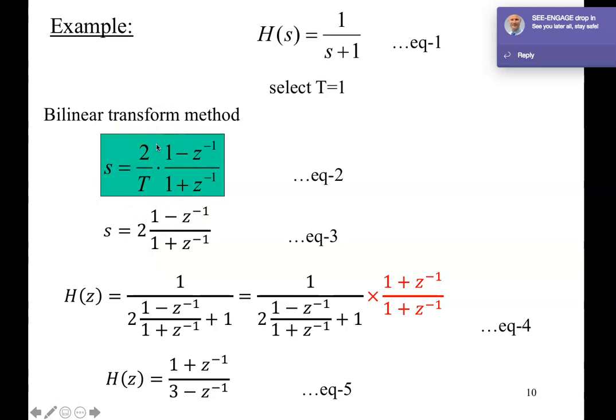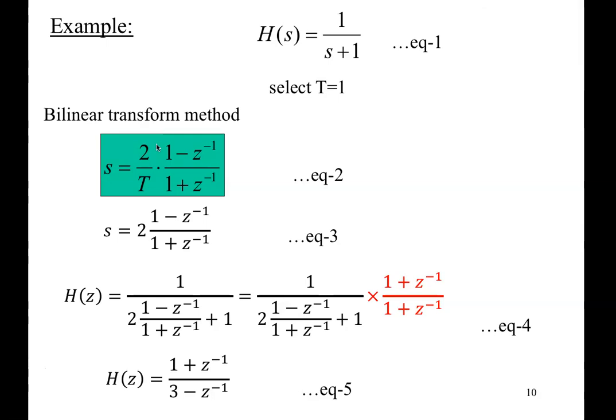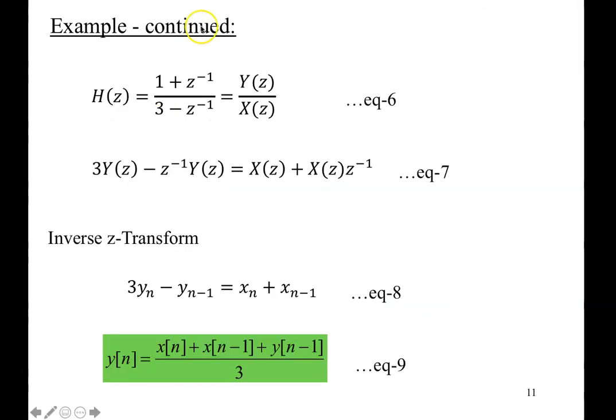So different conversion methods will give us different transfer functions. Now, if we want to implement that, remember the transfer function, whether for continuous or discrete time, is the output divided by the input in the frequency domain.